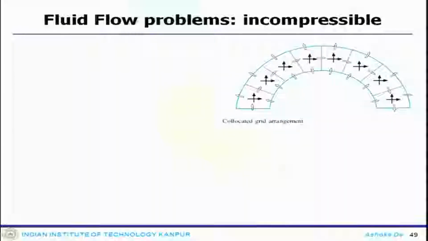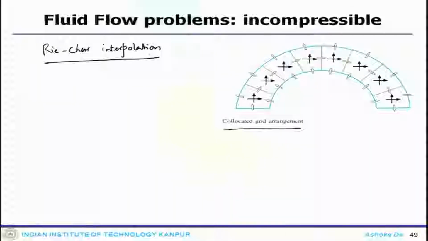So, the mass flux can actually be viewed as a contravariant component, except that it is computed using a custom interpolation of a discrete momentum equation, which is known as Rhie-Chow interpolation, one of the famous techniques used in collocated arrangements.